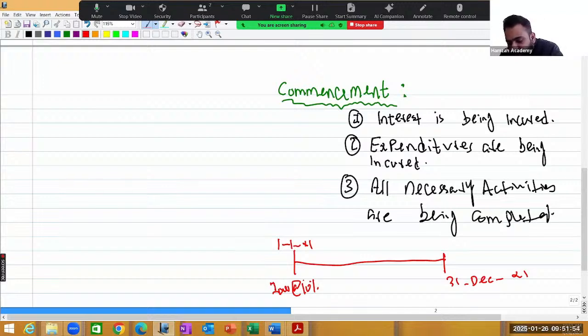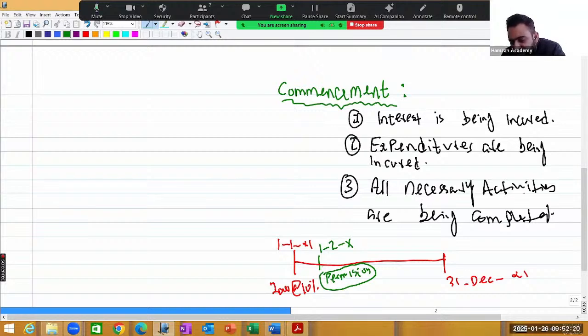So interest has started to be incurred. Then on 1st Feb X1, you get the permission from the authorities to start the construction on the asset.